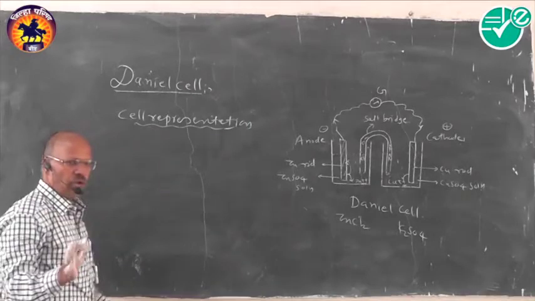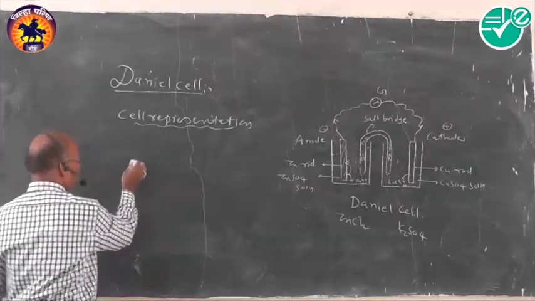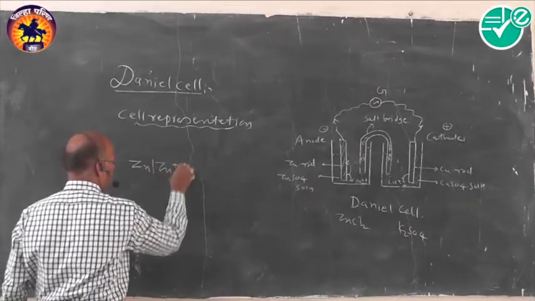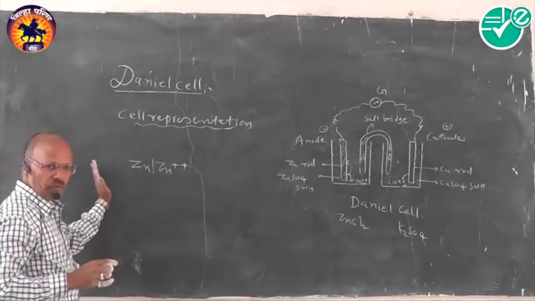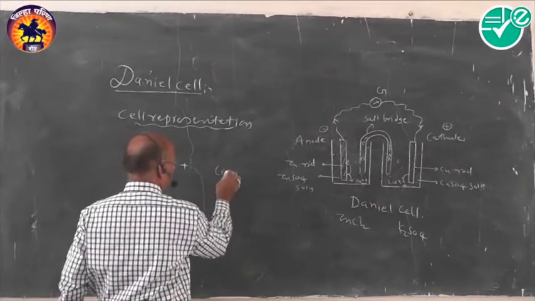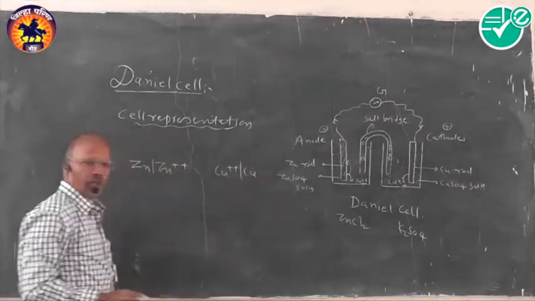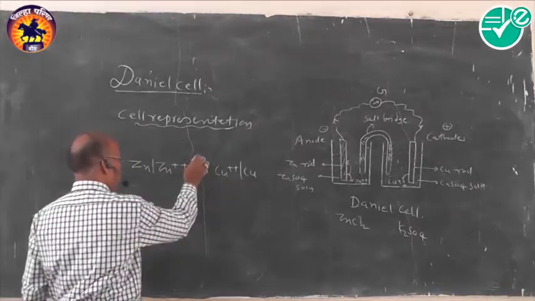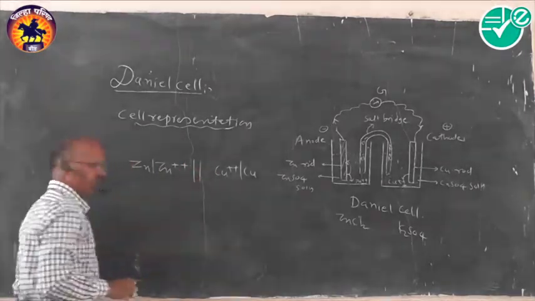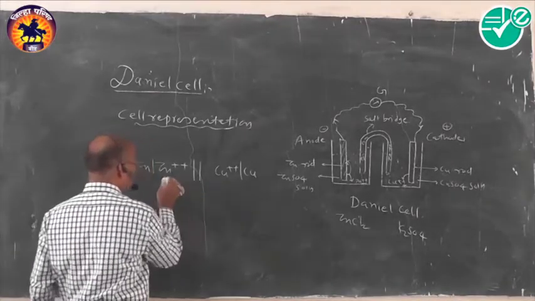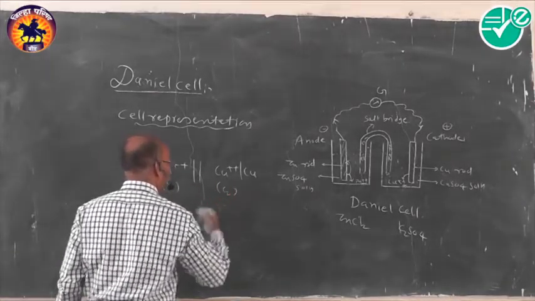As per sign conventions, the anodic half cell is represented on the left hand side. The cathodic half cell electrode is represented on the right hand side. They are separated by a double vertical line. One has concentration C1, the other has concentration C2.